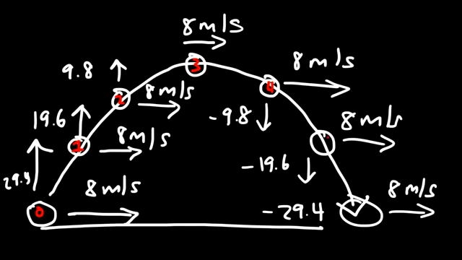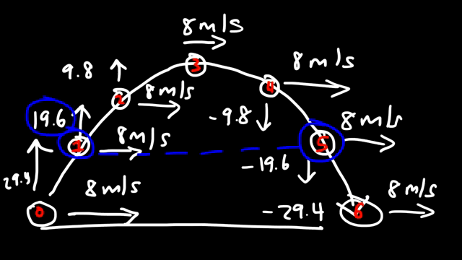So notice that the speed is the same when the height is the same if the trajectory is symmetrical. In this case, the left side looks exactly the same as the right side. So there's symmetry for this type of shape. At a certain height, Vy has the same magnitude but the opposite sign.